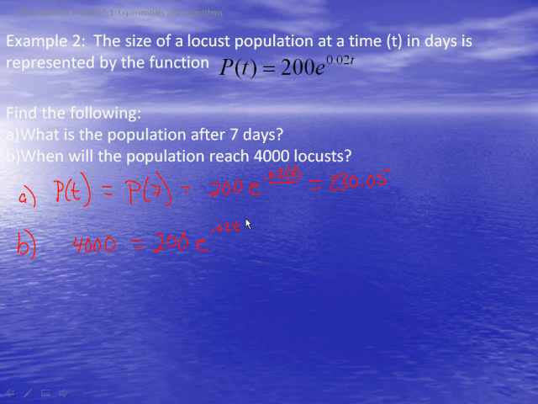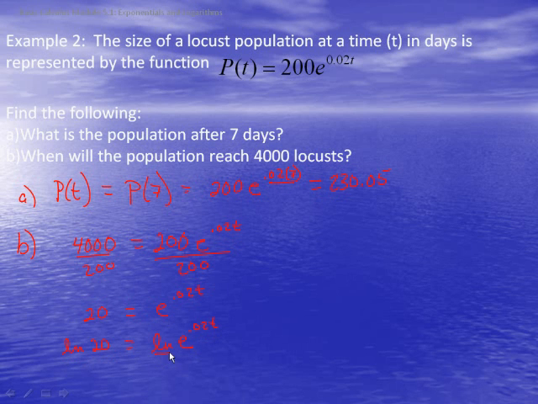Okay, so we're going to have to do a little solving in this case. So first, let's get rid of the 200. So we're going to divide 200 on both sides. So that's going to give us 20 is equal to e to the 0.02t. Now, I know that I can take the natural log of both sides, so 20 is equal to the natural log of e to the 0.02t.